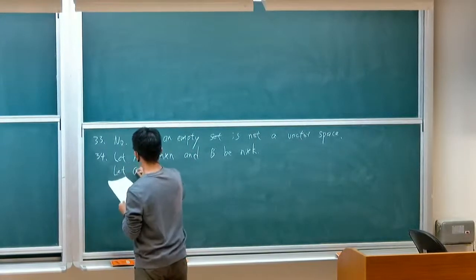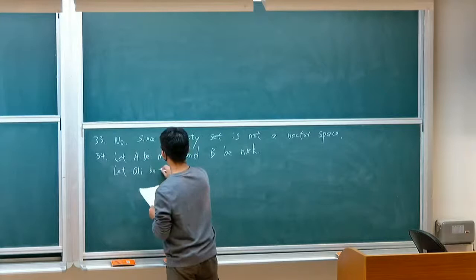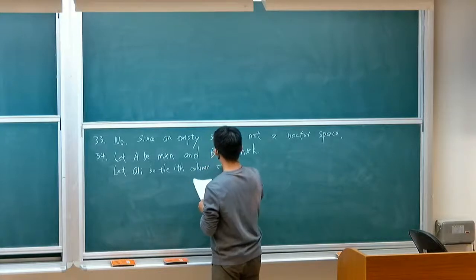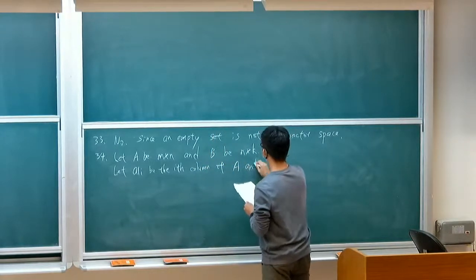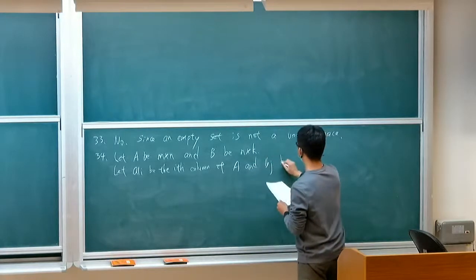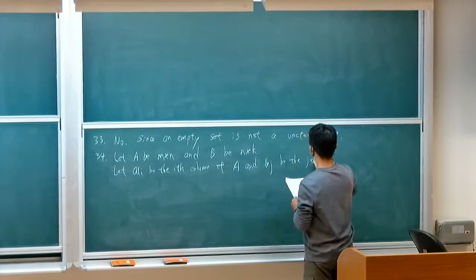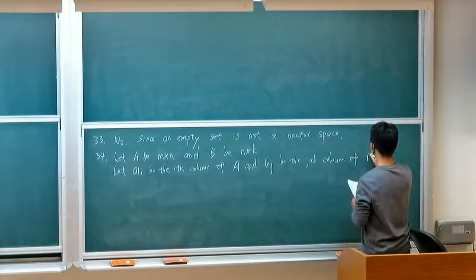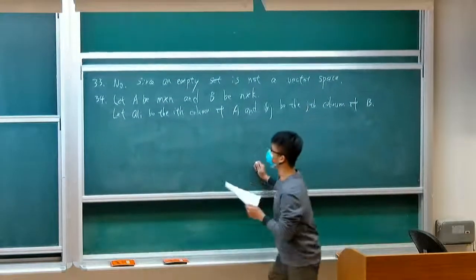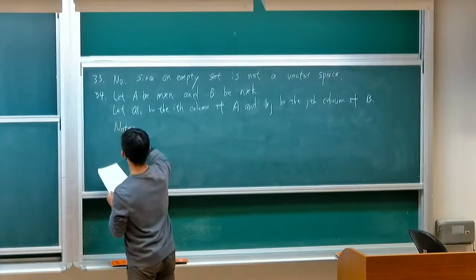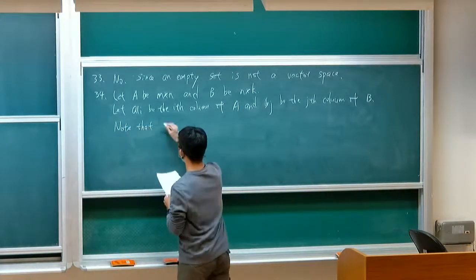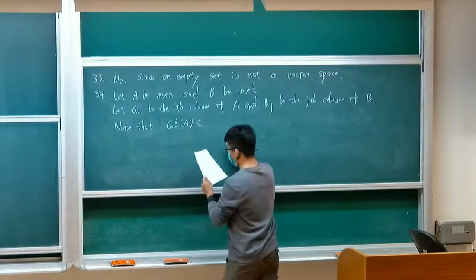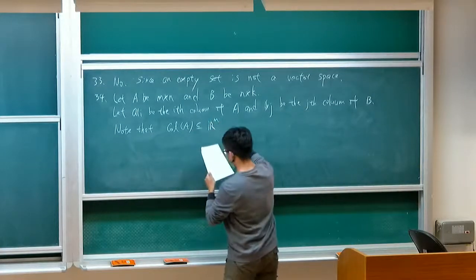Now we let Ai be the ith column of A, and Bj be the jth column of B. First, we know that the column space of A is a subset of Rm.